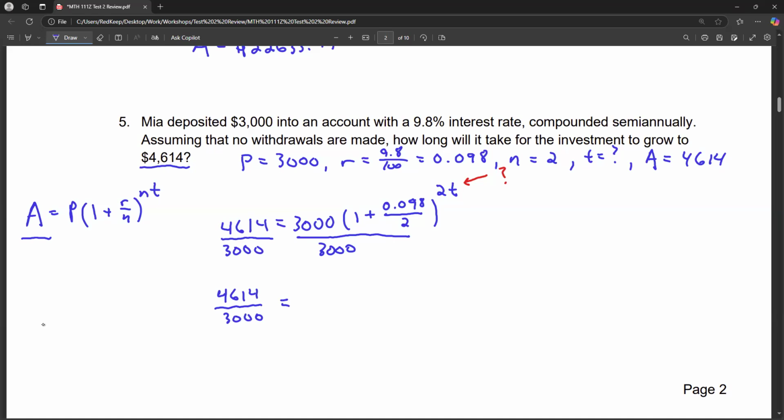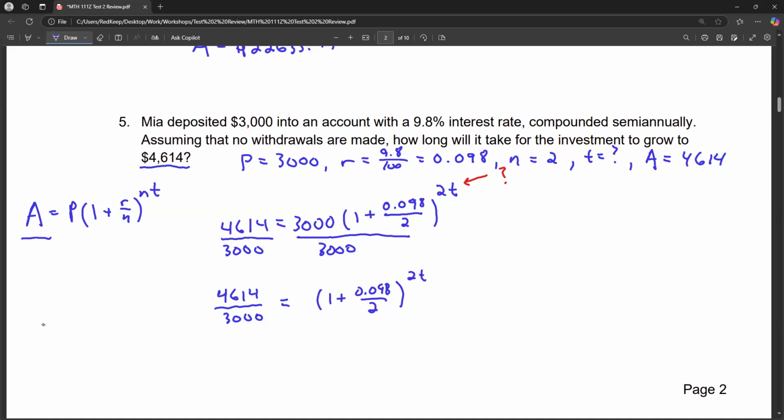We don't need to write the 1 if we don't want. It's assumed. And so we get this 1 plus, let me give myself some more room here for what we're about to do. So I have 1 plus 0.098 divided by 2. And you normally would have this to the power of 2t. Let's go ahead and write that in.